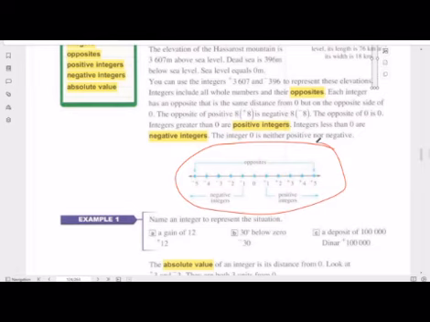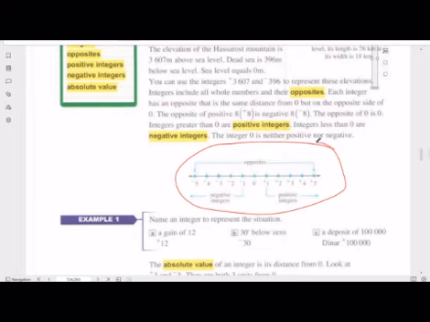On the right hand side, we have the positive numbers, starting from 1, 2, 3 until positive infinity. And on the left hand side, we have -1, -2, -3, -4, -5. These are called negative integers, okay? So positive and negative numbers are called integers.